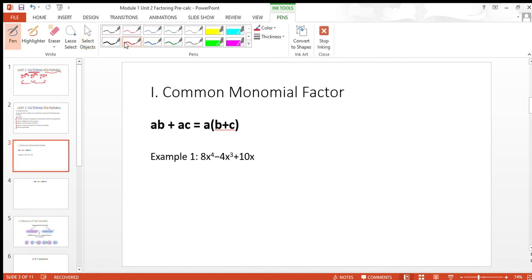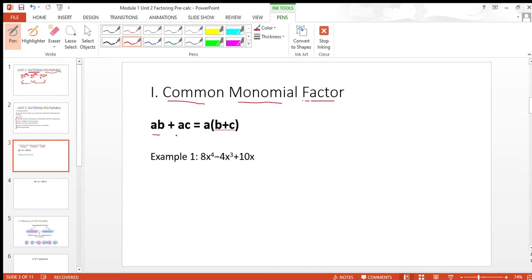The first type of factoring that we will have is what we call our common monomial factor. So from the title itself, from our polynomial, we will now find a common monomial. So when we say monomial, single term, that can be factored out from the entire group. So basically, the common monomial factor will be given by something like this.